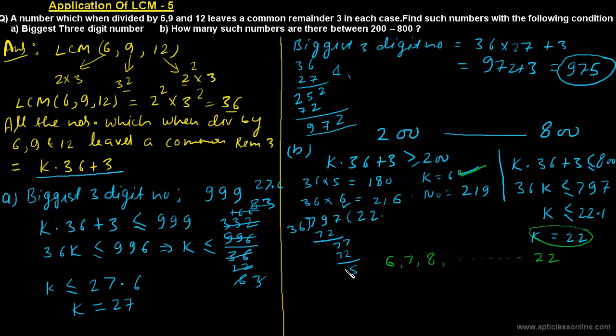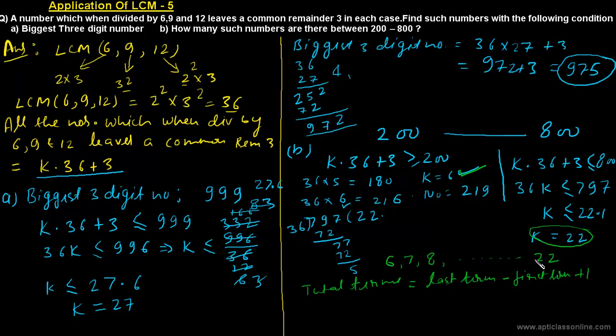So how many values are there? Total number of terms. Total terms in this series is equal to, as we all know, to get the total terms, write the last term minus the first term plus 1.